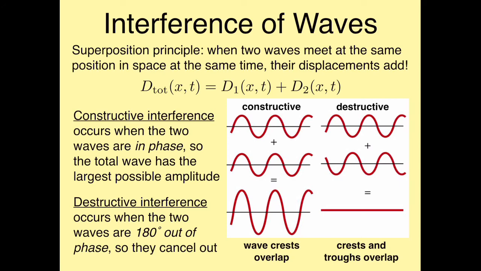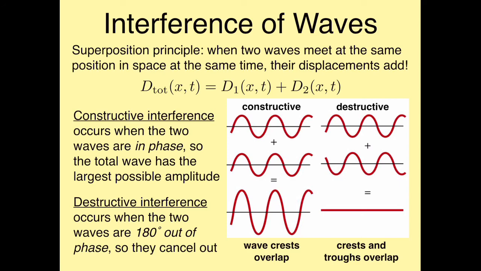And let's see what happens. Well, if I add this displacement, which is positive, to this negative displacement, I'm going to get zero. And then if I add this negative displacement here to this positive displacement here, again, I'm going to get zero. In fact, I'm going to get zero across the board. These two waves are effectively canceling each other out.